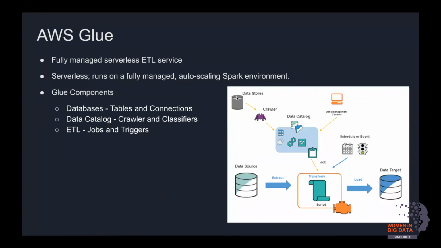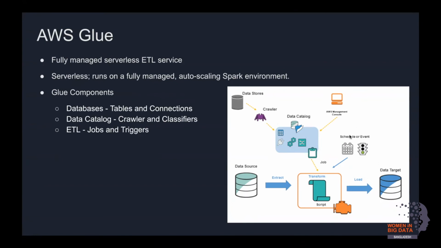So the crawler crawls the data from the data store and defines the metadata. Metadata means data about data, like schema and any other information. Schema changes are tracked and defined here. The transform job refers to the data catalog to understand the schema of the source. And at the last, you can schedule it.